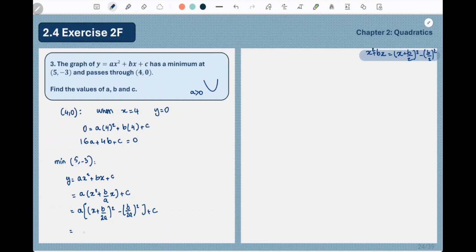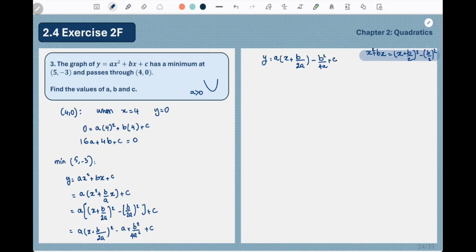If we were to expand, we have a times (x plus b over 2a) squared, and then a times minus (b over 2a) squared, so minus a times b squared over 4a squared, then plus c. So y becomes a(x plus b over 2a) squared. A over a squared is 1 over a, so minus b squared over 4a plus c.